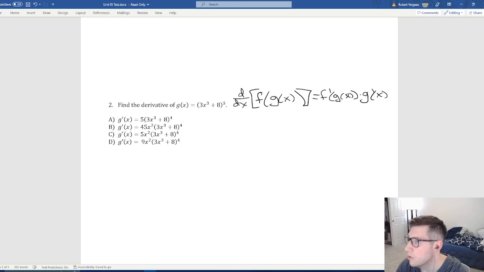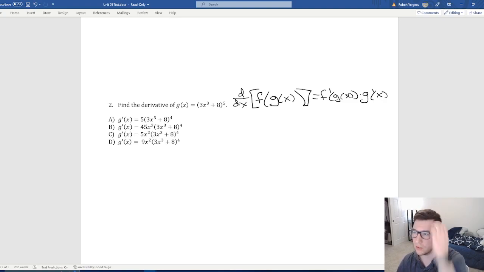Now, the less mathy way of saying this, right, is simply that we take the derivative of the outside function with the inside function staying the same, and then we multiply all of it by the derivative of the inside function.